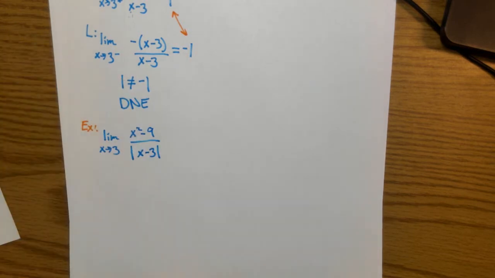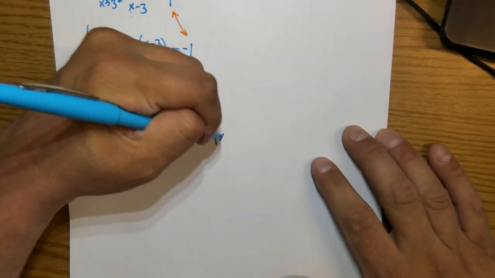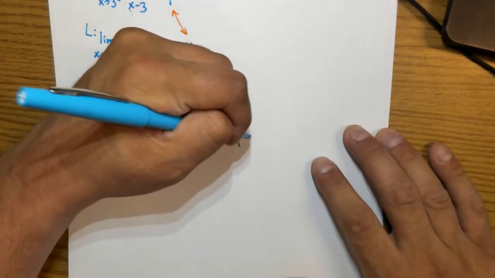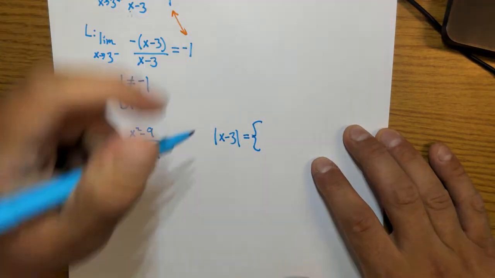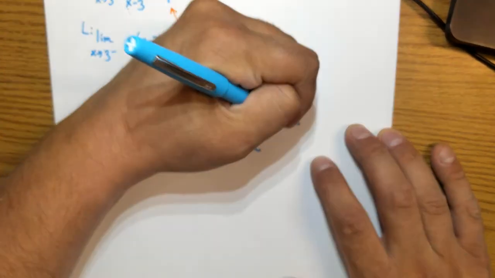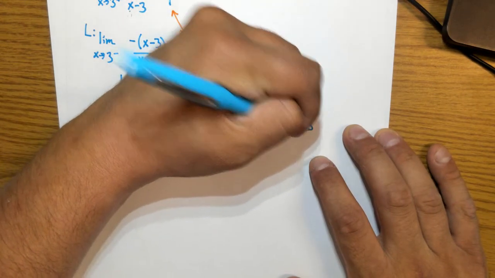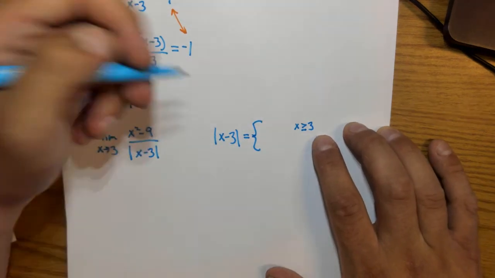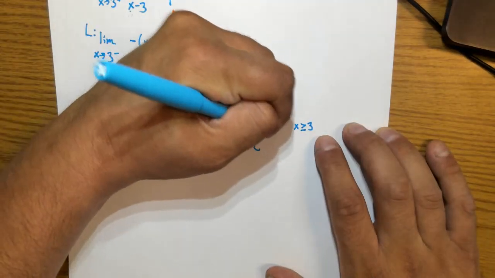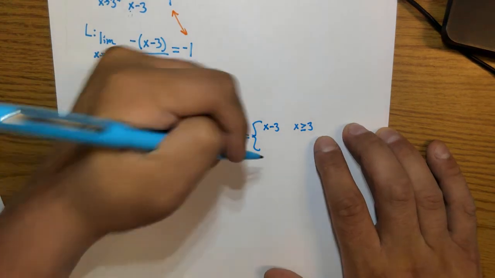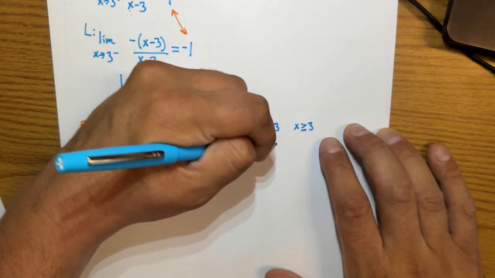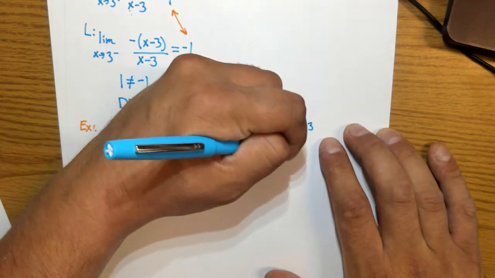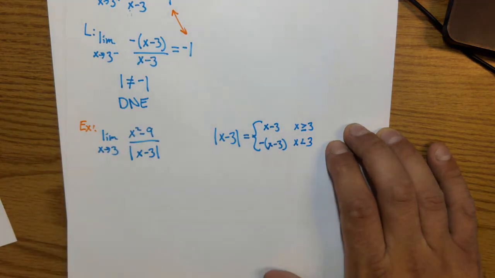So again, let's go ahead and define the absolute value of x minus 3 as a piecewise function. So I know that when x is greater than or equal to 3, remember the value that I plug in to make this 0, our function is just going to be what's written there. However, we have the negative version of that function when x is less than 3. Okay?